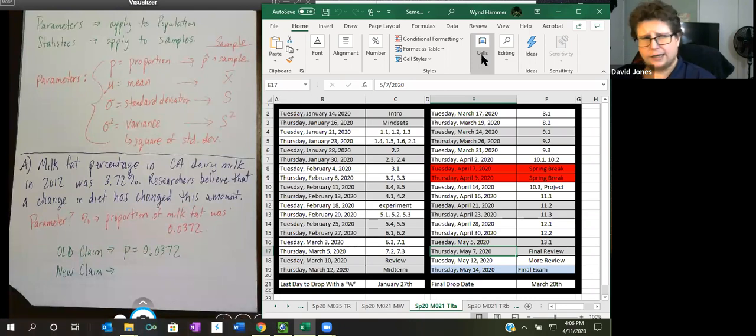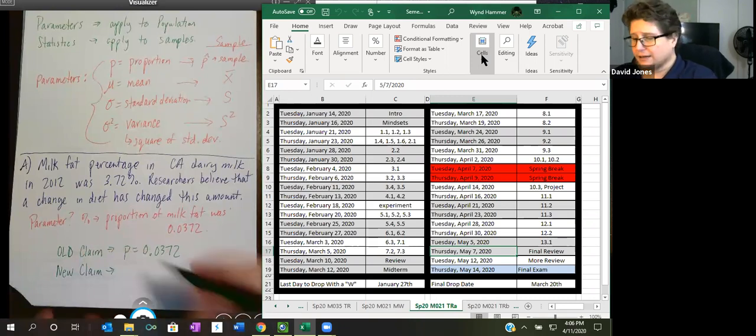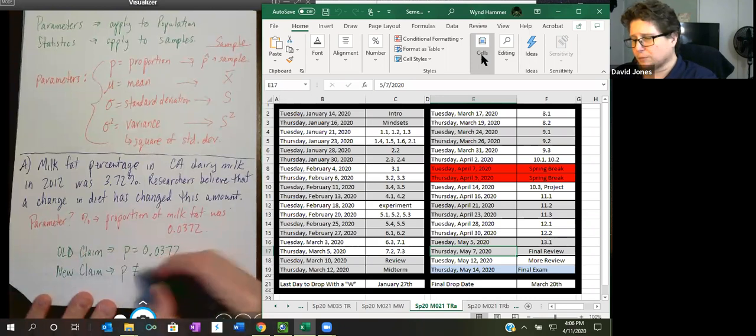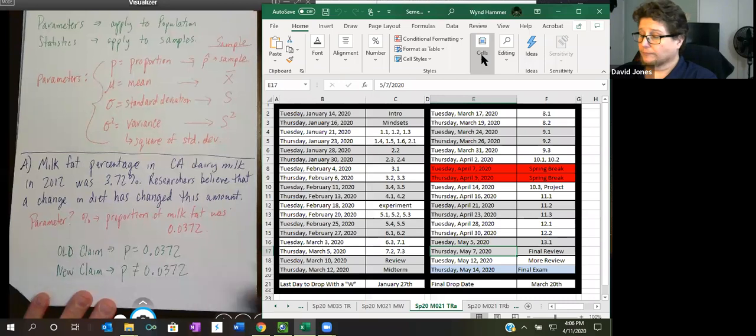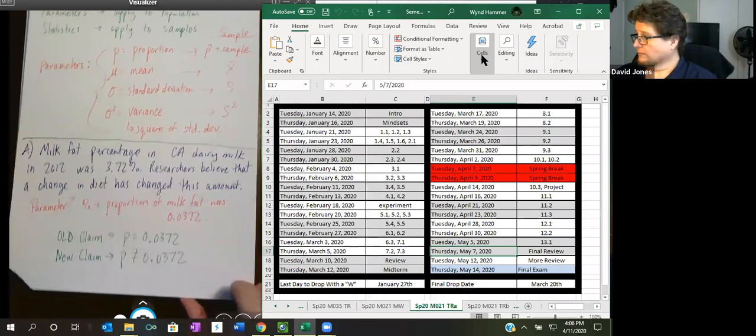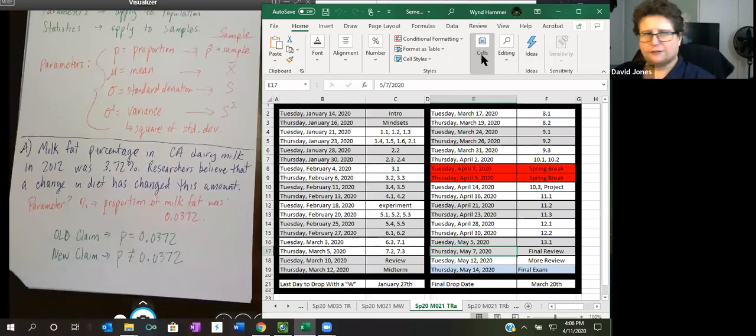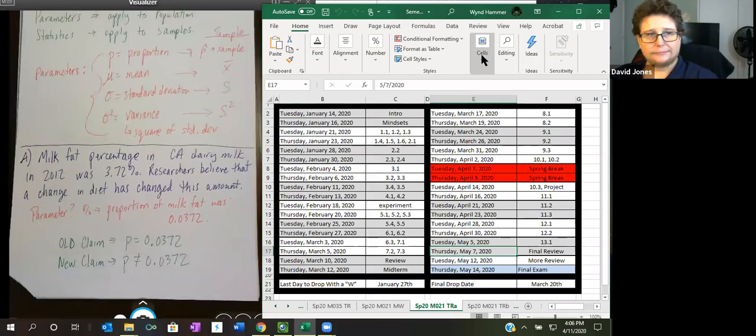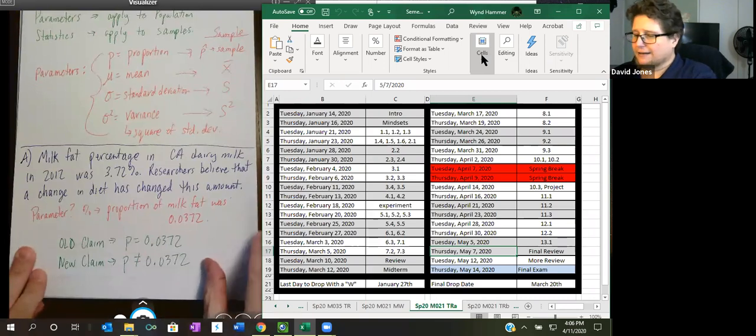Did they imply an increase or decrease? No, they actually didn't say. They just think it's different, which means we're going to say the proportion is not equal to 0.0372. That's our first example. So keep that in mind. We're going to come back to these again.